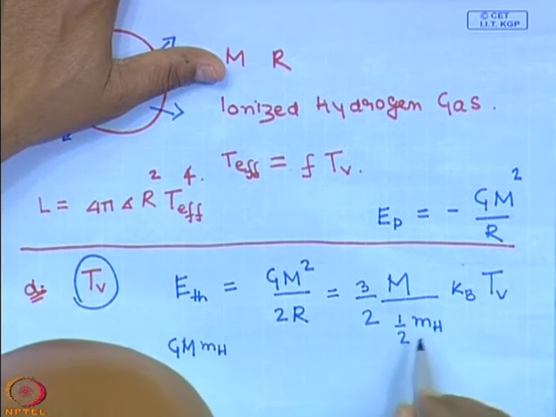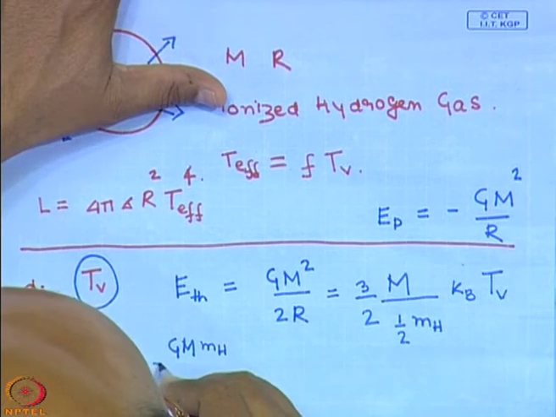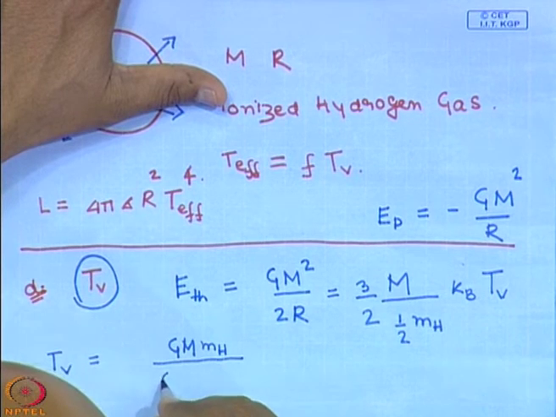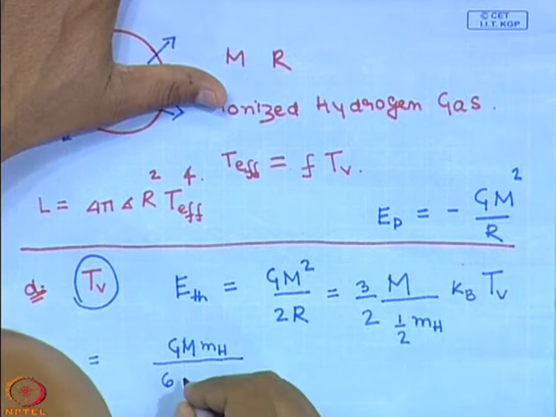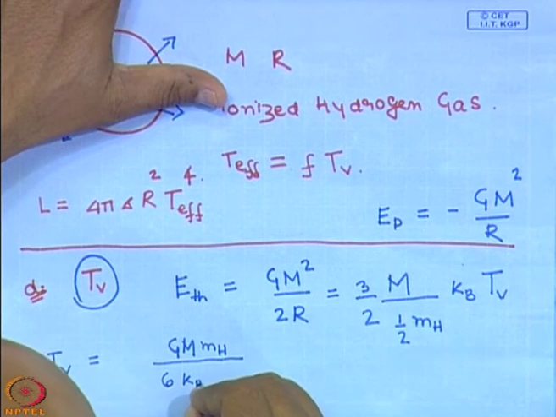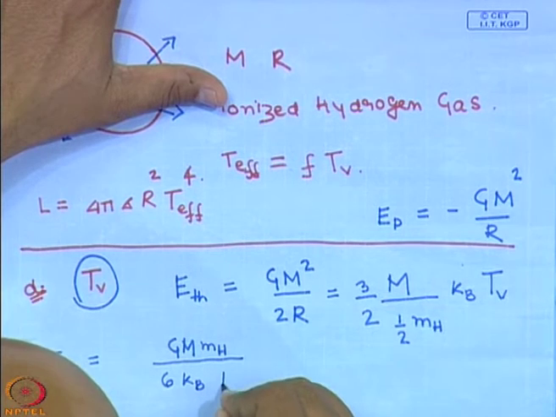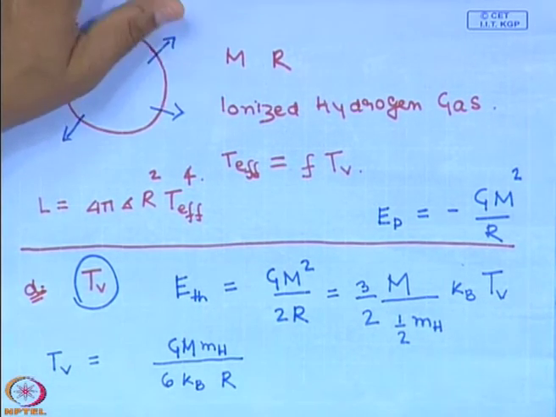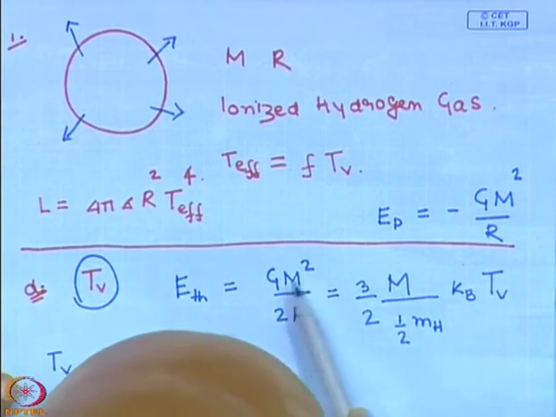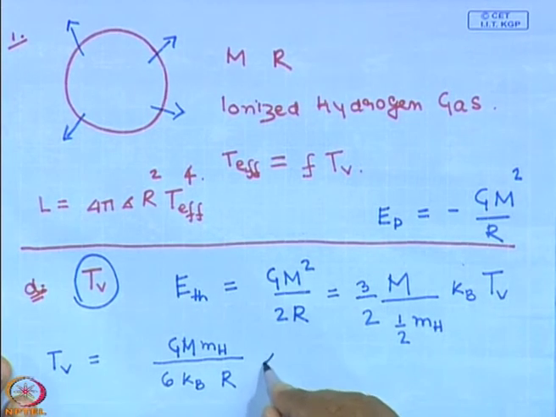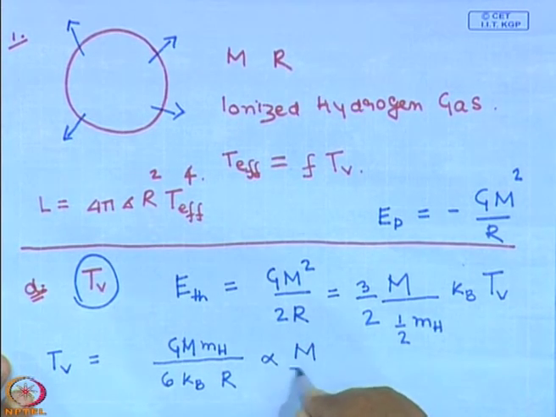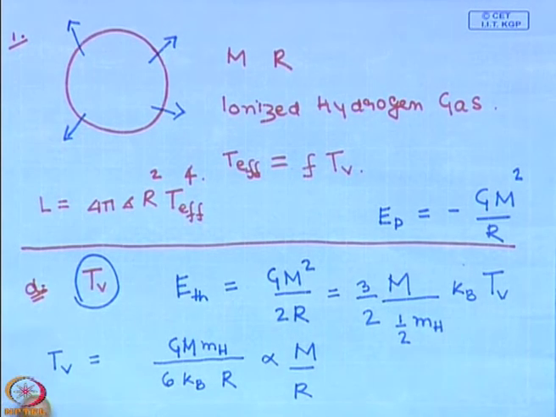So, G m m H divided by 6 k b into R. I hope we have got it correct, right. Let us just check. So, that is the virial temperature, it is essentially proportional to the mass of the object and inversely proportional to the radius of the object. Okay.